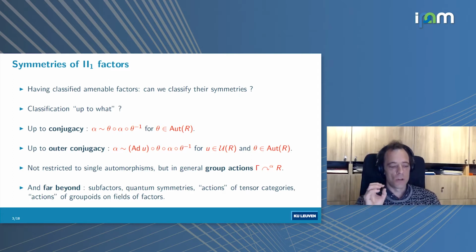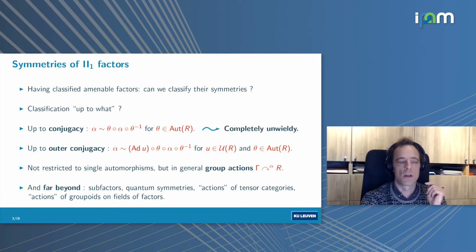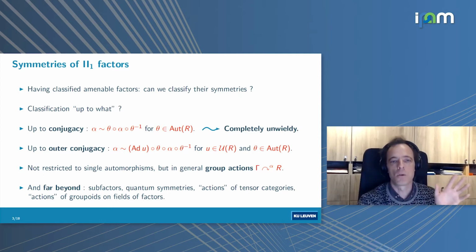Okay, now in order to explain a bit better which type of classification is reachable from this point of view and for group actions, let me already right away say that we will basically never look at classification up to conjugacy for the simple reason that this is completely unwieldy. I mean, it's completely wild, and there are rather all kinds of non-classification statements in that direction.